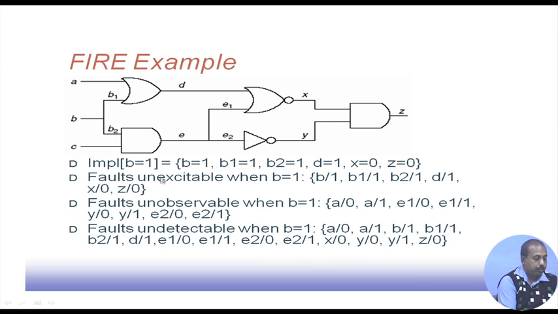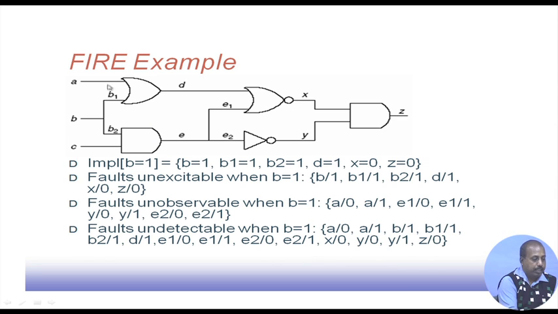Now, because B equal to 1 will always make Z equal to 0, after computing this implication set, you can say that for B equal to 1, all these fault lines which are in the implication set become untestable, they are unexcitable. Similarly, we can also find out the faults which are unobservable when B equal to 1.